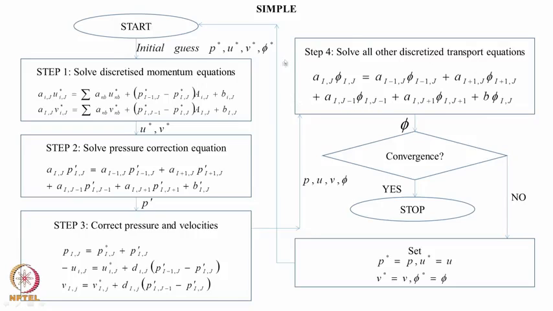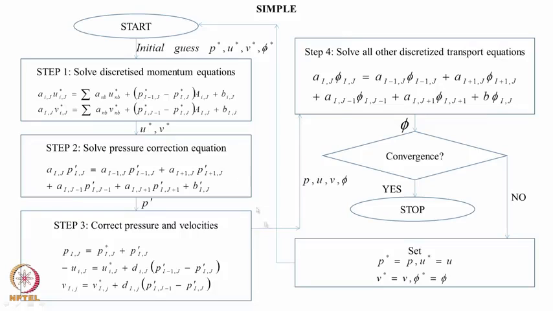You can follow any finite volume procedure to get discretized equation for transport equation also. So, you solve this and you get phi, and you check all of them for convergence. If convergence is satisfied, you can stop the iteration there. If it is not satisfied, you need to repeat this procedure.